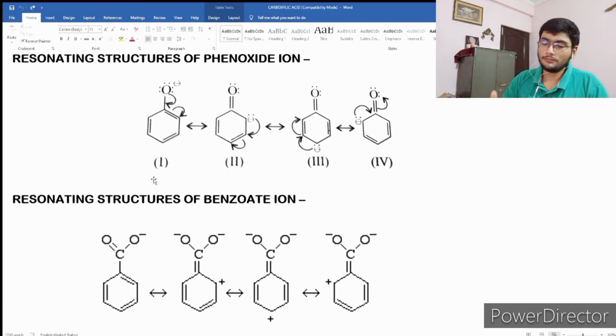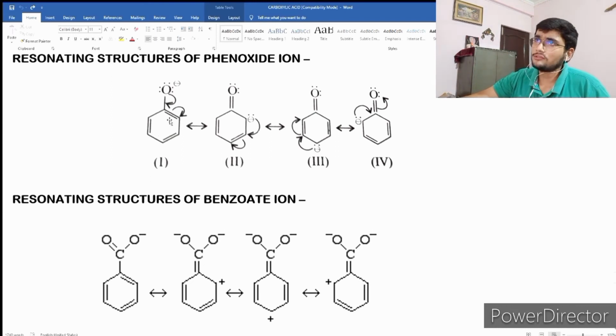In the case of phenyl, the plus R effect dominates the minus I effect, which means overall the phenyl group has a tendency to donate electrons. This point should be kept in mind: benzene has a tendency to donate electrons, or you must say shift the electron density away from it.